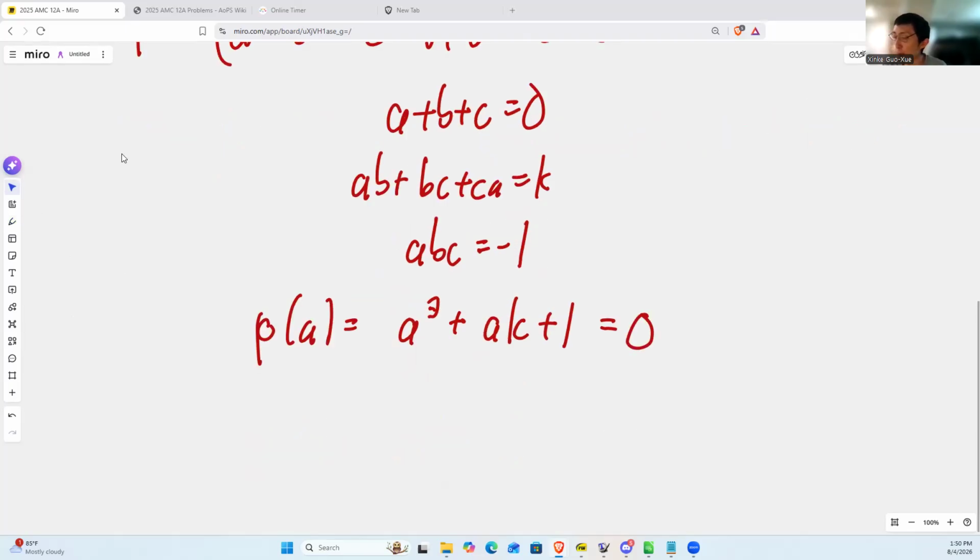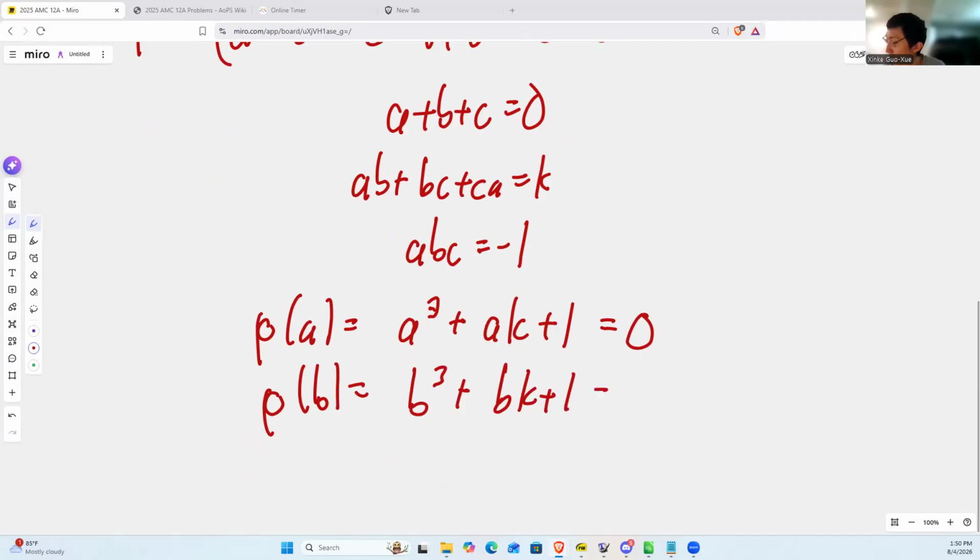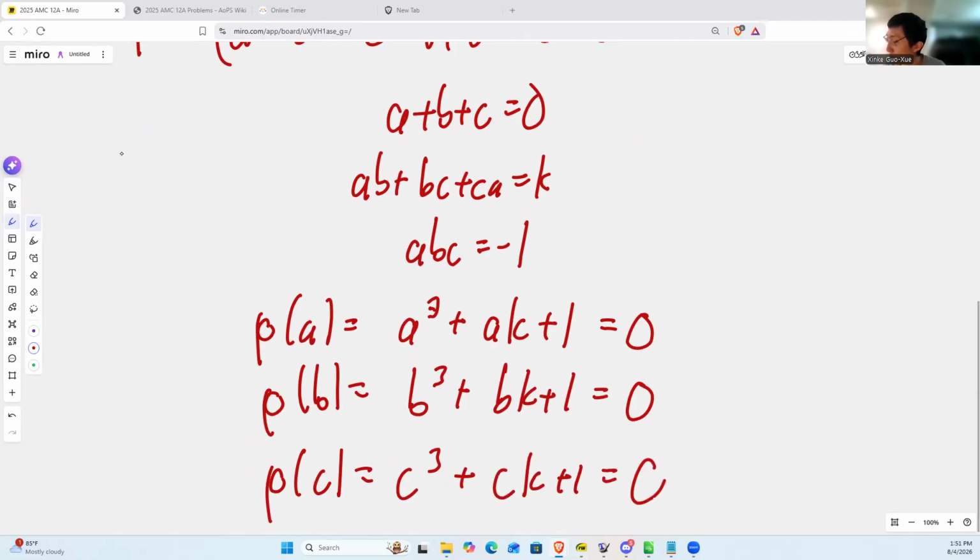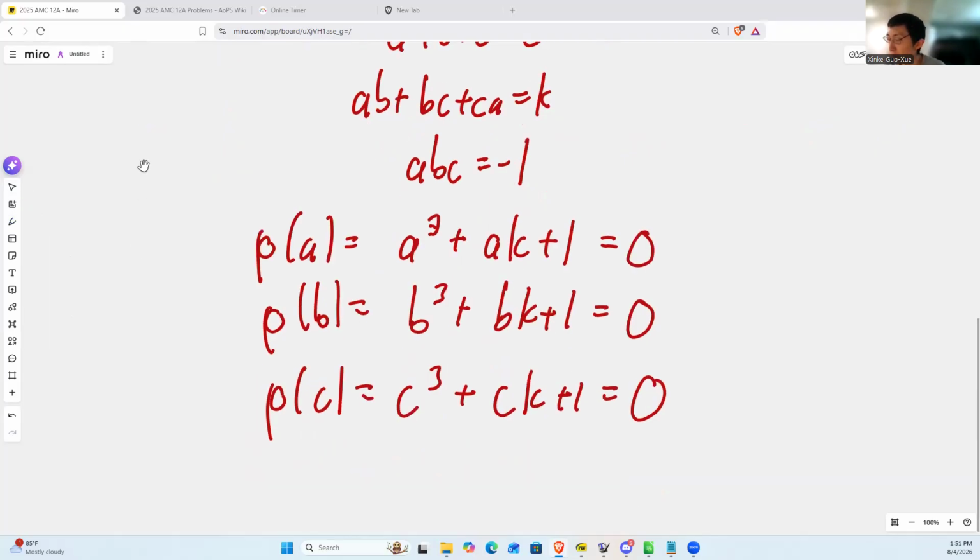We can also plug in b and c. Ah, I see an a cubed, b cubed, and c cubed.